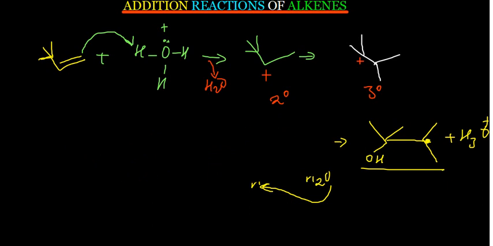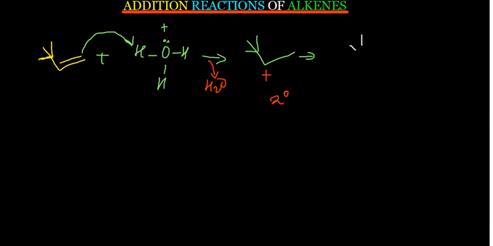Now say if the rearrangement didn't happen, what would be the product? If we just used the same one which we have at this point, let me just take it from here. You react this with water.